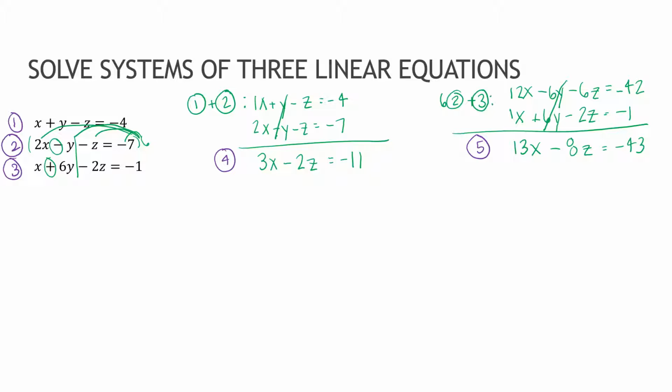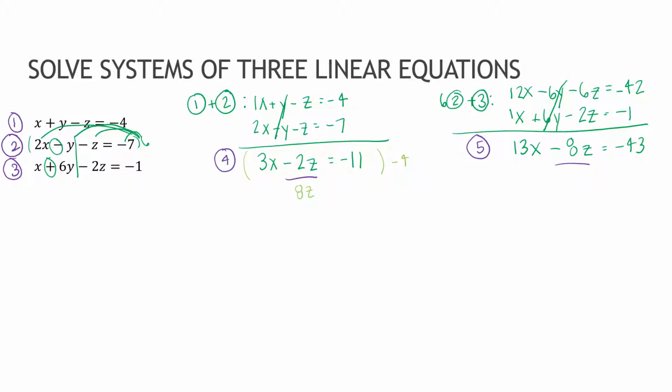But 3 and 13 seems complicated. I can look at -2 and -8. That seems a little bit less complicated to me. And so that's the ones I'm going to choose. But notice they're already the same sign and I want them to be different signs. So what am I going to do? I'm going to take this equation here, and if I multiplied it by -4, then I would end up here with a positive 8z in the middle, which is what I want.